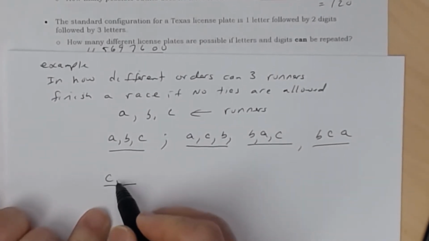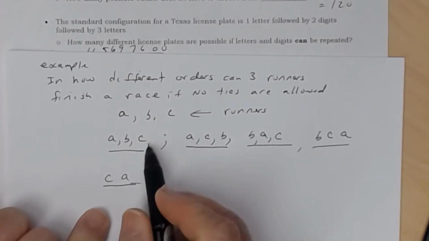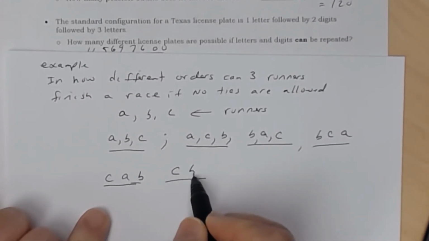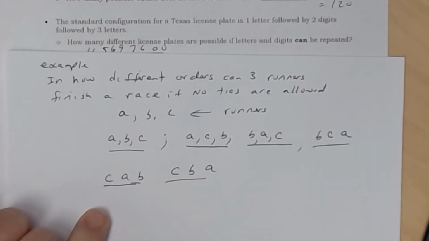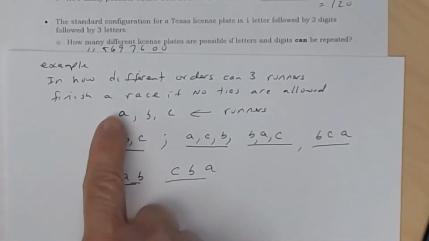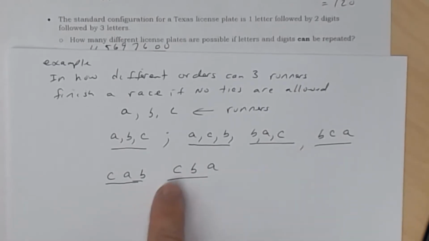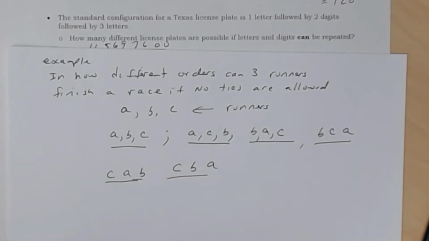Well, C could be first, A could be second, and B could be third. And then C could be first, B could be second, A could be third. Y'all agree with that? All right, so at this point, it looks like I have how many different orders? 1, 2, 3, 4, 5, 6. Okay, 6 different orders.